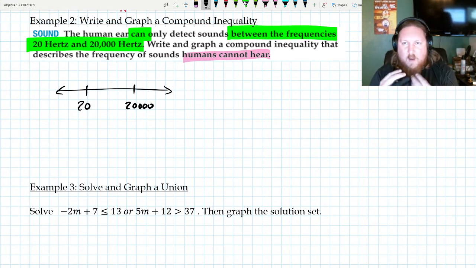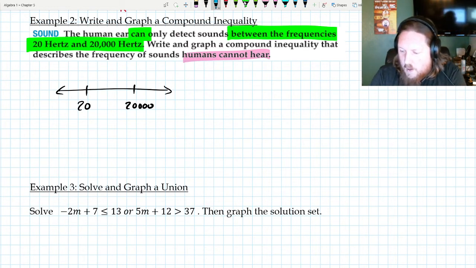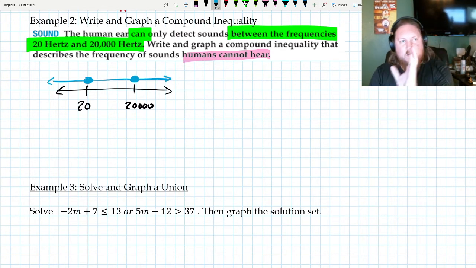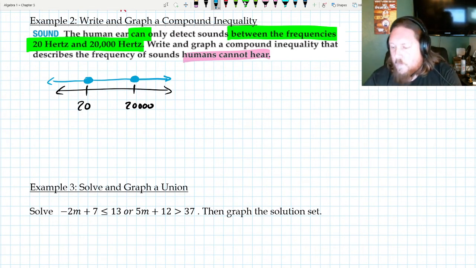And now I need to think about what's being described here. There's basically 3 sections of the graph: centered around 20, 20,000, and above. So you can see there are 3 different regions here. Which is the region that we want? We want to identify where humans cannot hear.